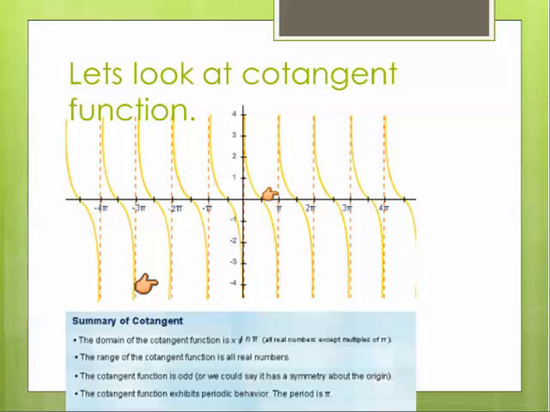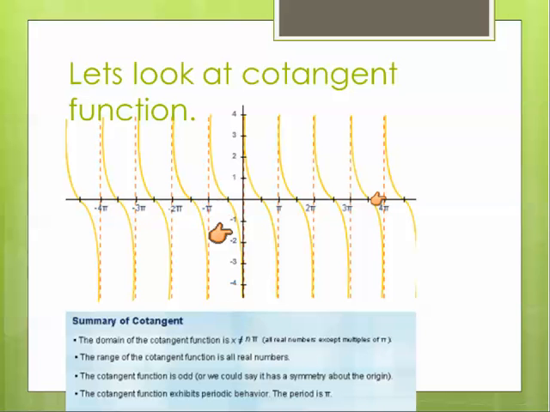So what are we looking at? Once again, domain, all values except for every pi. It's got an asymptote. So it's all real numbers except where x is equal to n times pi. Some number times pi. Okay? Range, all real numbers. It covers all the real numbers on the range side.